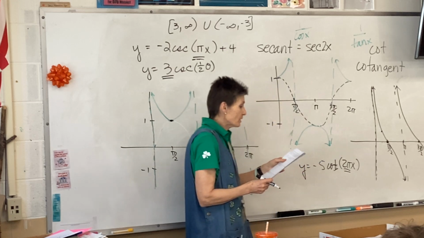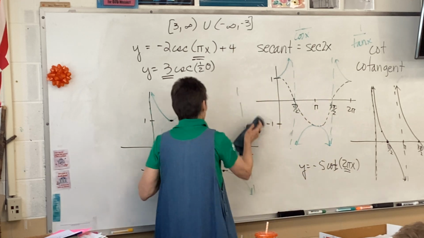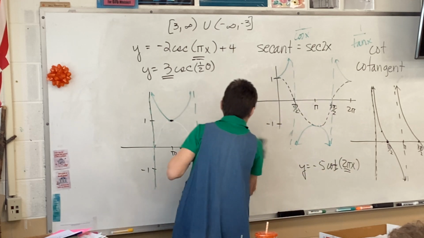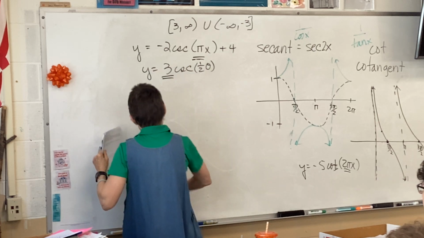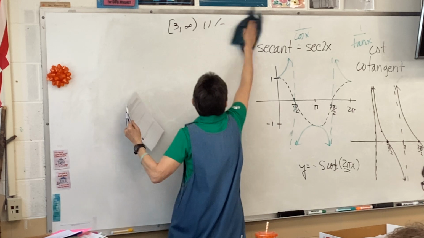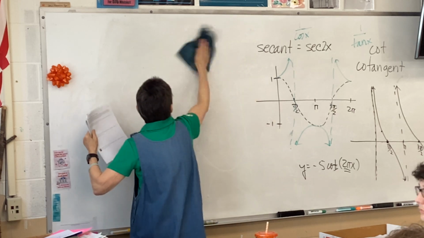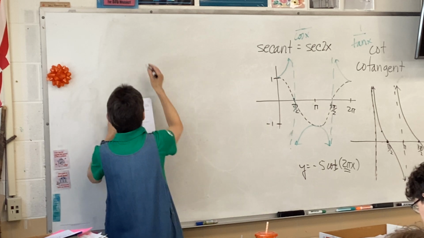All right, so now we're going to solve some equations. This is what you did on your quiz, only your quiz was all sines and cosines and tangents. Now we're going to do exactly the same thing. Solving. All right, I want the point of intersection.